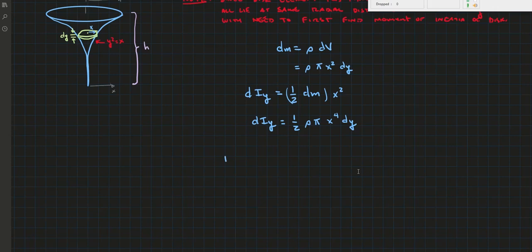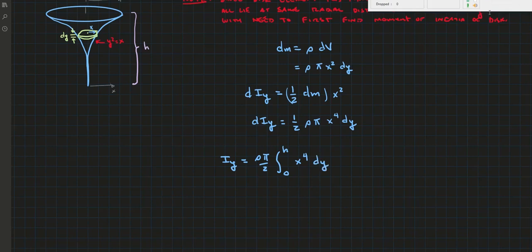So we can easily integrate this. Iy then equals rho pi over 2 times the integral from 0 to h of x to the 4th dy.